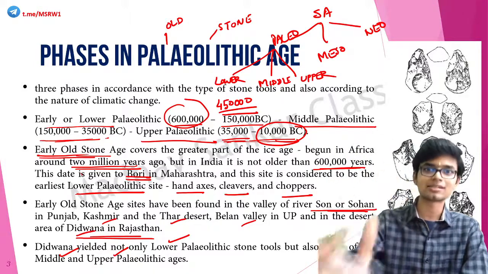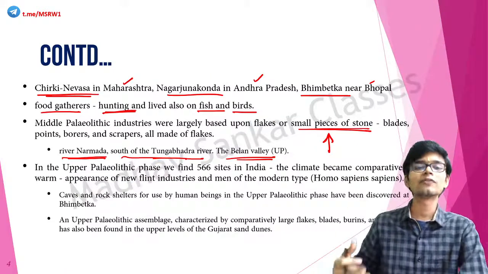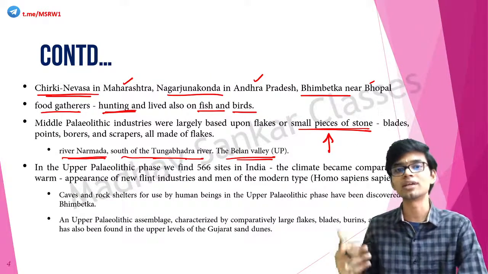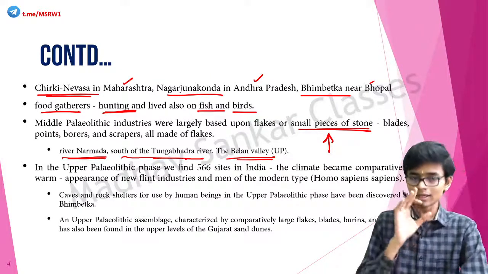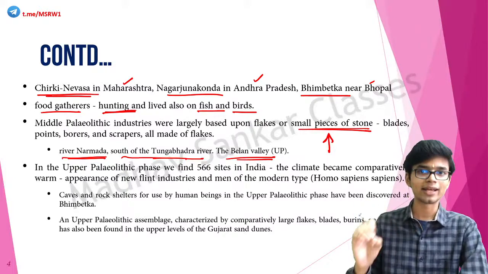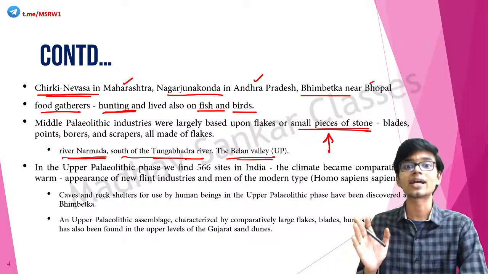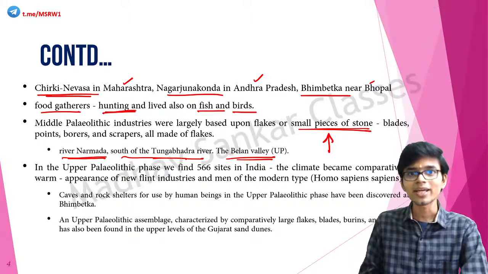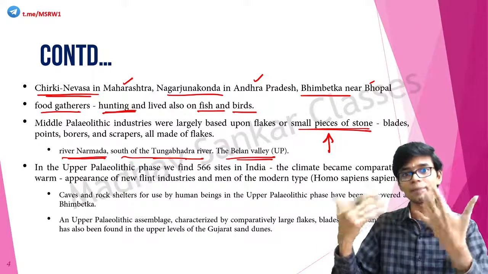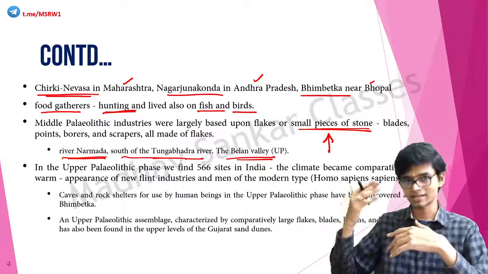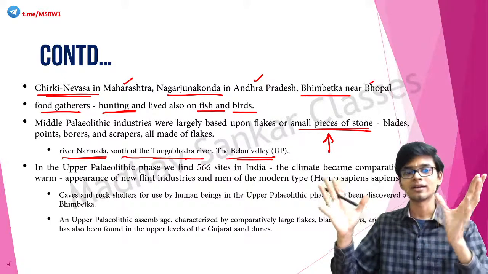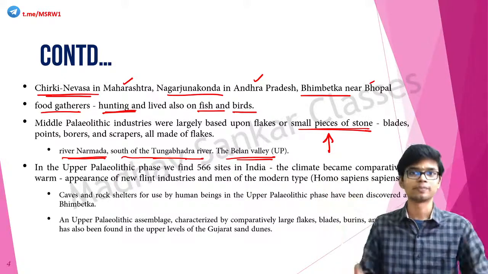During this time period, the climate of Earth also changed significantly. Earlier, I told you that most of the Lower Paleolithic age was simultaneous with the Ice Age. By the time of the Upper Paleolithic age, the Ice Age had gone away and the climate had started to warm up.